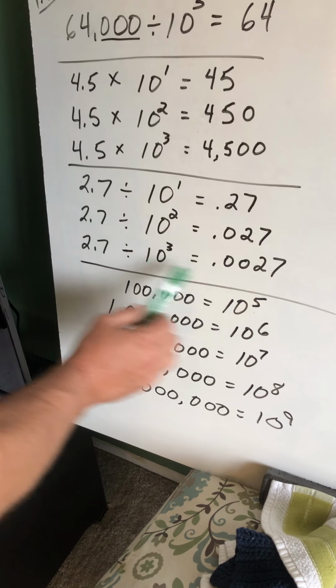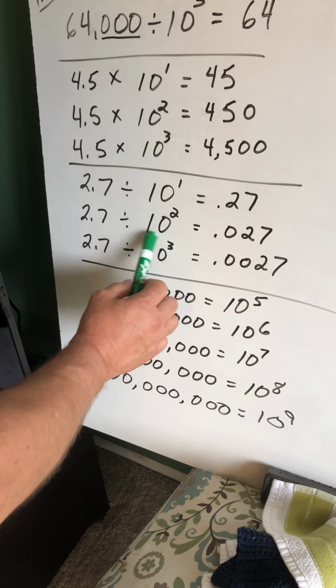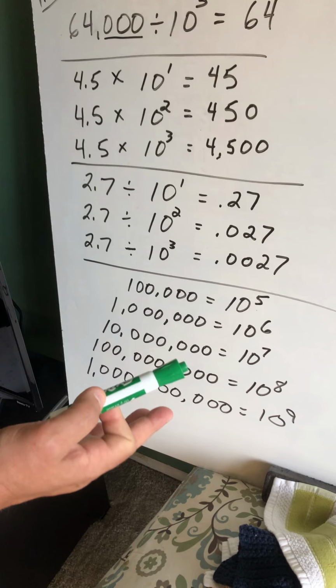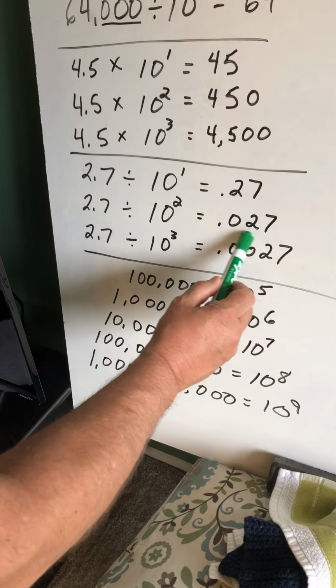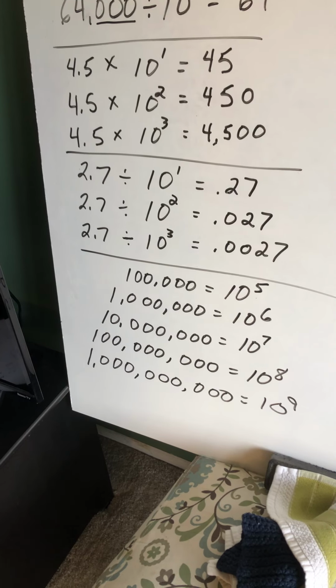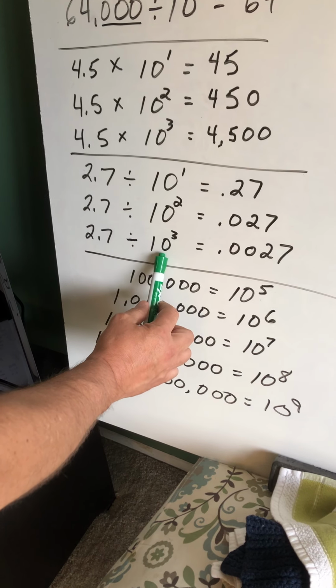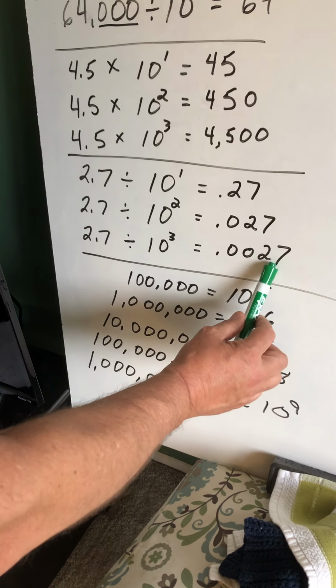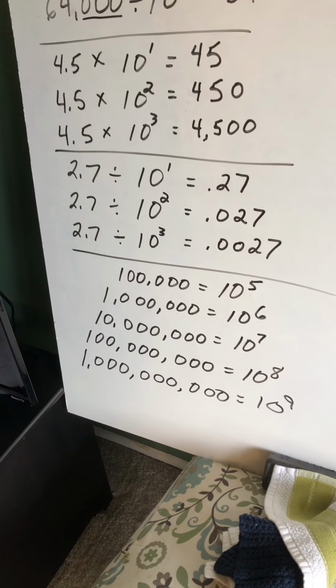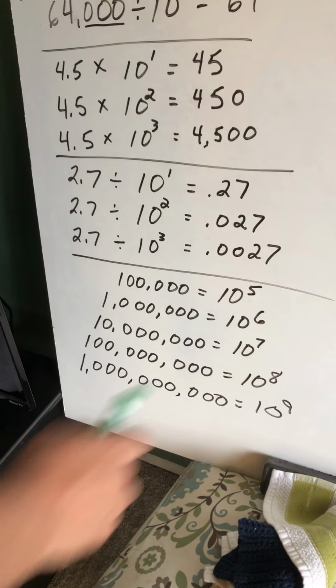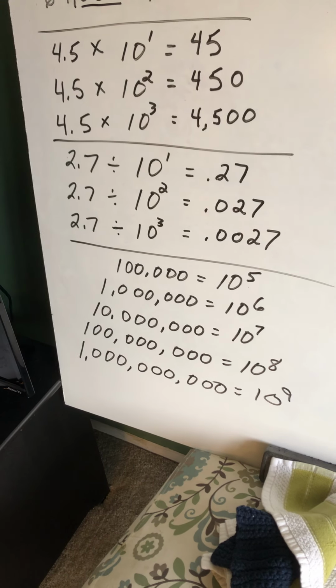Then if 2.7, if you move it twice, 10 to the 2, because 10 to the 2 is 100, you move it twice, it's 0.027, because it moved twice, okay? And then the last one, because we're dividing by 1,000, it moves 3 times. 1, 2, 3, 0.0027.